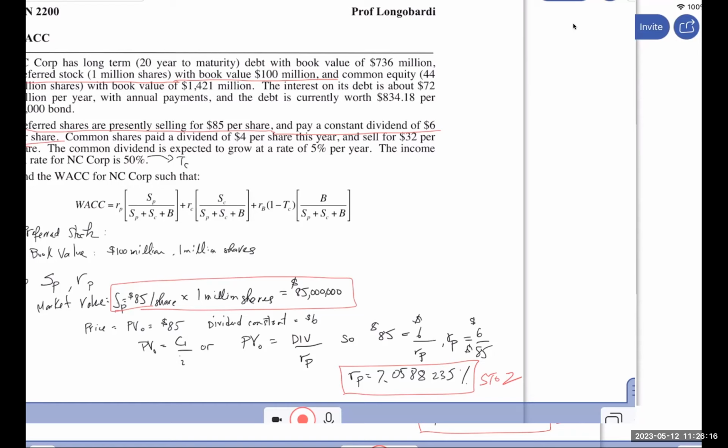Because return on debt is tax deductible, so it goes down because they don't have to pay R_B. The firm's gonna reduce its tax by R_B T_C. I do the calculation and I talk about it in the video today and in the other video. So basically that's because of the interest tax deduction for interest payments to the bondholders. So this is just the tax calculation.